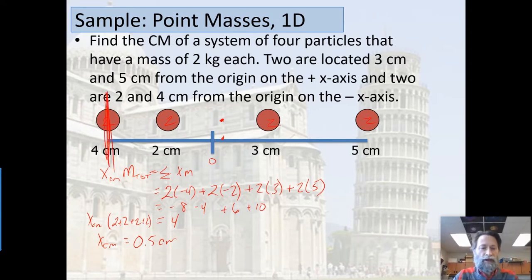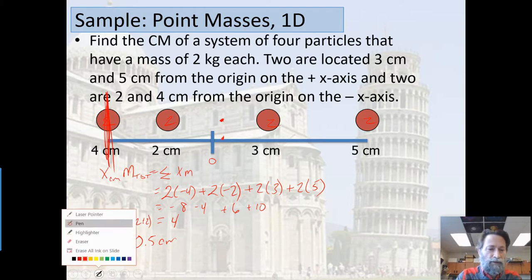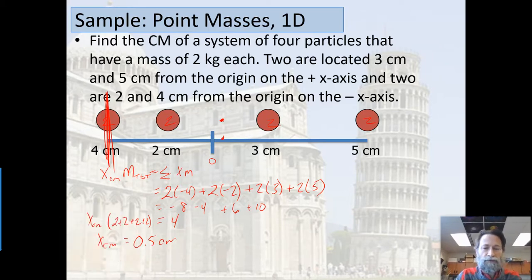If I do that, then let's see if I can change my pen color here fairly quickly. If I do that, then I'm going to end up with a 0 times 2 for my first one, plus a 2 times a positive 2. So I'm moving this way now, positive 2.